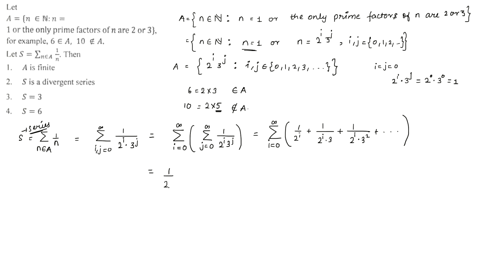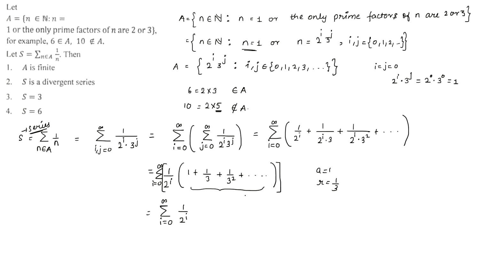So this is 1 by 2 raised to i into 1 plus 1 by 3 plus 1 by 3 square plus so on. This is a geometric series with first term 1 and common ratio 1 by 3. So the sum of this series is equal to 1 by 1 minus 1 by 3.